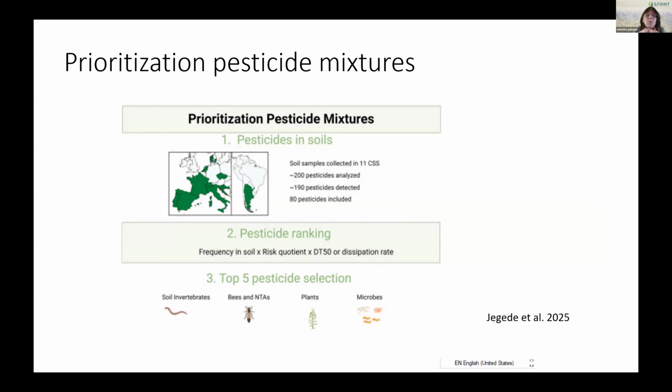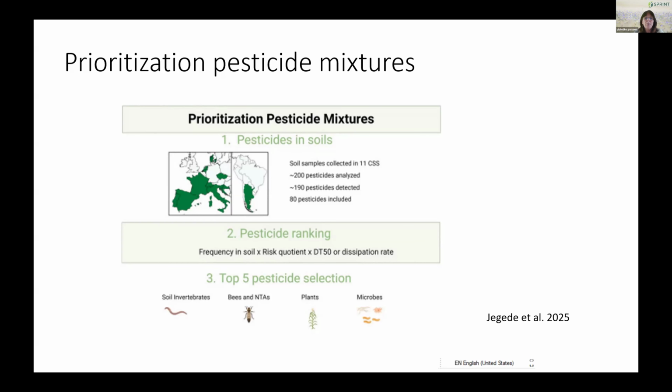So he ranked the pesticides by frequency, the risk coefficient and the persistence in the environment. And therefore he came up with a ranking of a mixture of 5 pesticides per case study site. So that means in SPRINT, we ended up having 11 sets of mixtures of 5 pesticides.